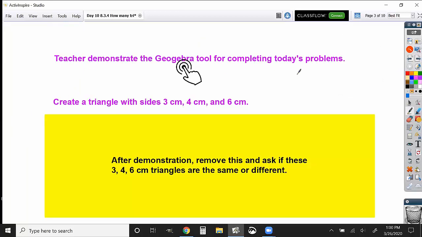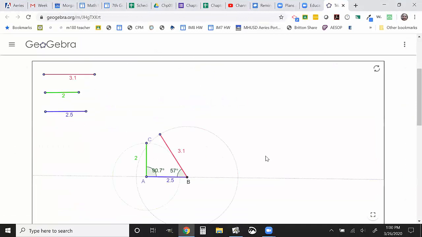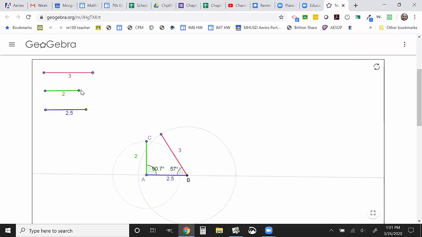Yesterday, I had you looking at a video that used the GeoGebra tool, and we're going to use that same GeoGebra tool again today to create a triangle with sides 3, 4, and 6. I'd like you to do that. Pause your video. You're going to go to this tool, the same one we used yesterday, but I want you to make the 3, 4, 6 triangle and figure out if you have a different one by just adjusting these sides until it forms a triangle down here.